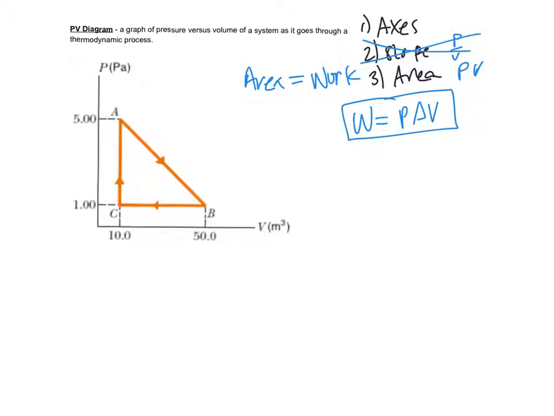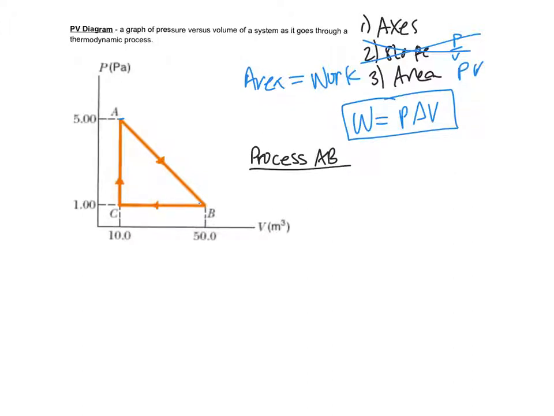Usually you have point A to point B, point B to point C, so it would read something along the lines of process AB, process BC, or process AC. So let's just look at process AB. I want to know how much work was done in that process AB.